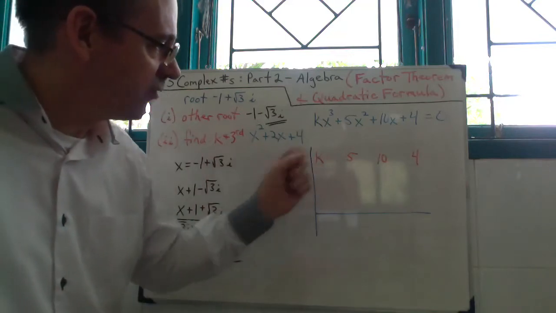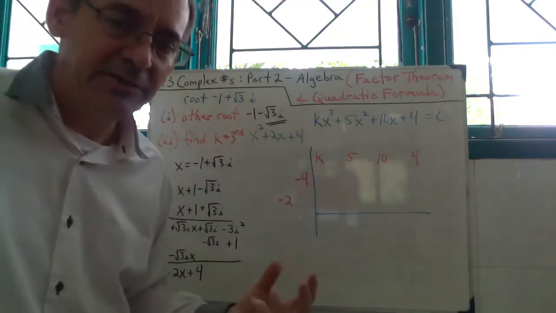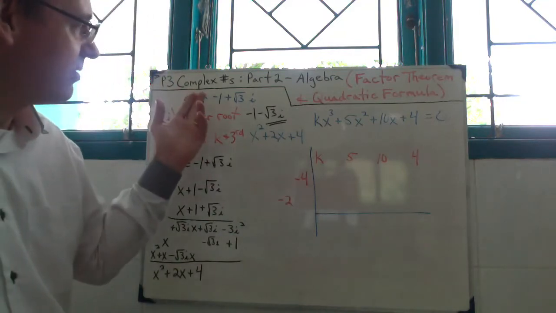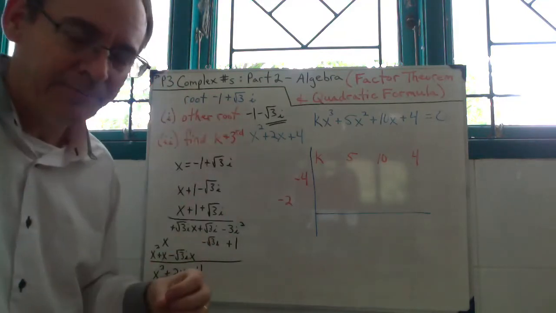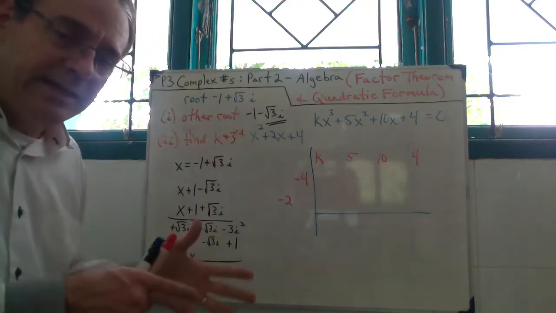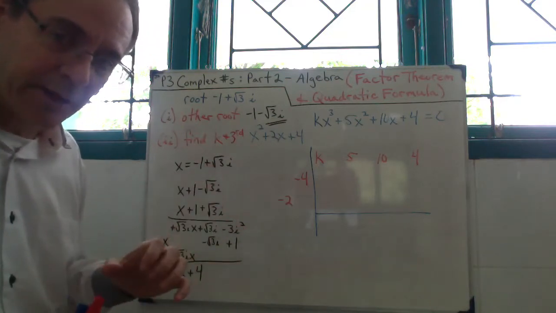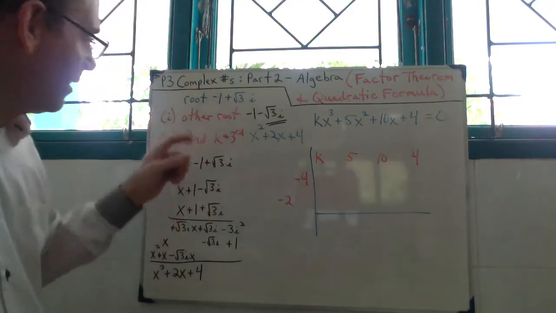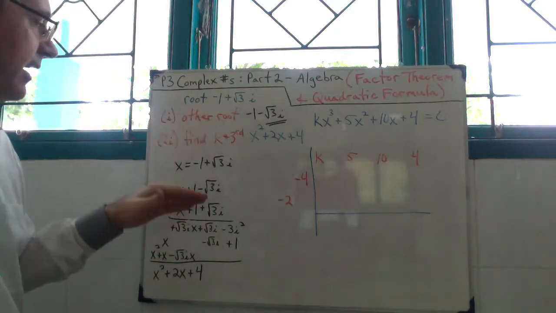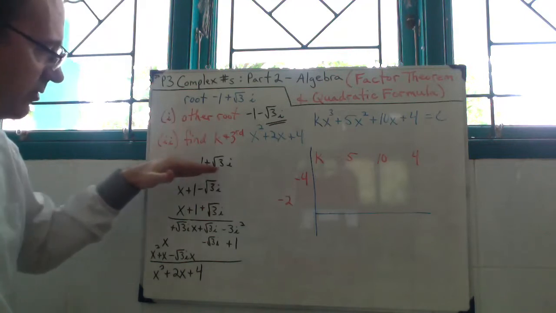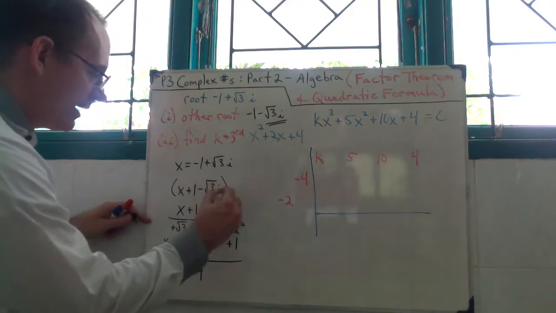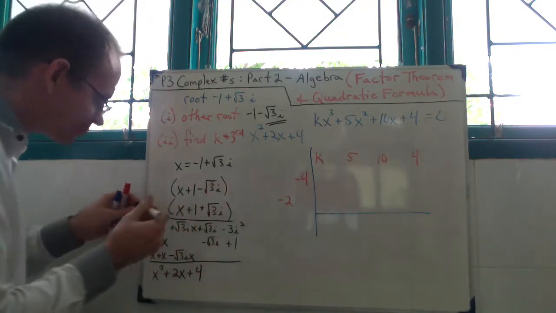Now we need to solve for k, and we need to find that third root. So we're going to take the 2 roots that we have and move them into factor form. Remember, the root is the solution form, x equals, and now we want to change it into what it would look like as a factor.